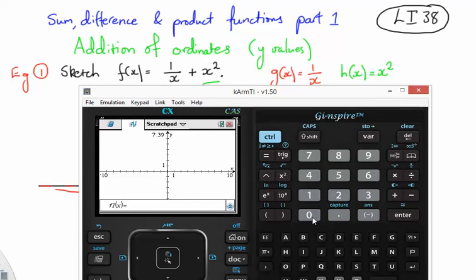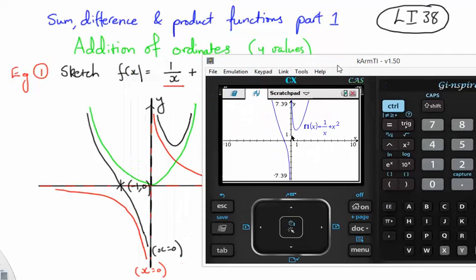Let's see, 1 on x, 1 divided by x plus x squared. There we are. There's our graph. You can see the curve going down like this, and you can see the curve slipping up like that there, and it's following the asymptote as well. They've done a better job there. You can see it hugs the y-axis a bit more.